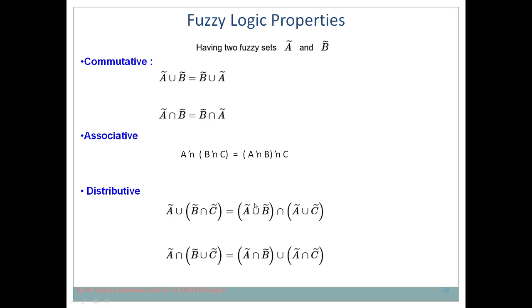So here we can write like this: fuzzy set A union fuzzy set B, intersection, fuzzy set A union fuzzy set C. Then the other way of the distributive property: fuzzy set A intersection, fuzzy set B union fuzzy set C. So here also we can combine A with fuzzy set B and fuzzy set C like this: fuzzy set A intersection fuzzy set B, union, fuzzy set A intersection fuzzy set C. So this is the distributive property of a fuzzy logic.